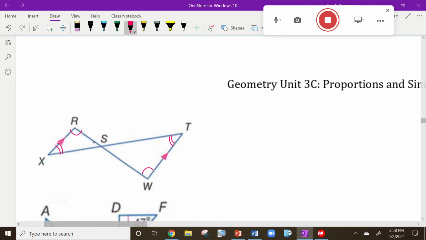Another way you could look at this is the vertical angles, angle RSX and angle WST must be congruent because they're vertical. We only really need to write down two pairs, so let's go ahead and write angle T is congruent to angle X, and angle R is congruent to angle W because they're alternate interior angles.